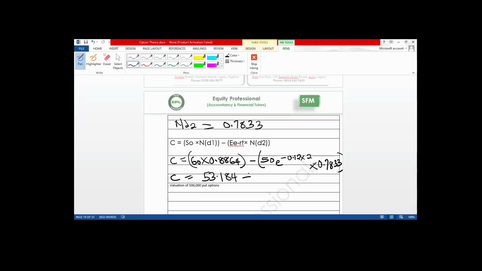50. To get your letter e, exponential, go to your calculator, do shift or second function, then go to where you have ln. The exponential function will come out. Now, because you have two figures up, introduce brackets, minus 0.12 multiplied by 2.